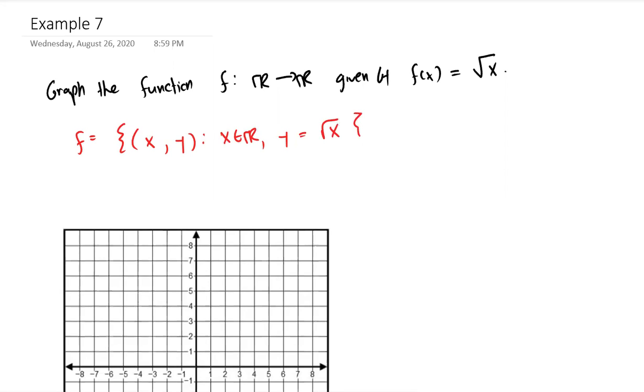Now, however, you have to be careful here. The reason is that even though the domain or the input set in this case is a set of real numbers, it's not necessarily the case that the domain is all of the real numbers. So I have to be careful here, because when I say that x is an element of the reals, I'm saying that x can be anything.